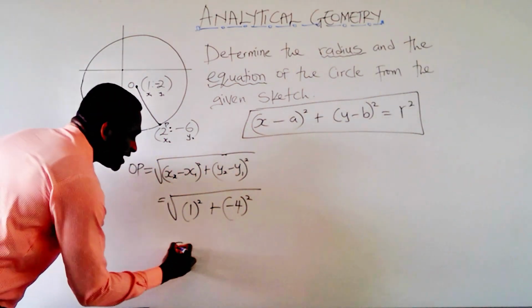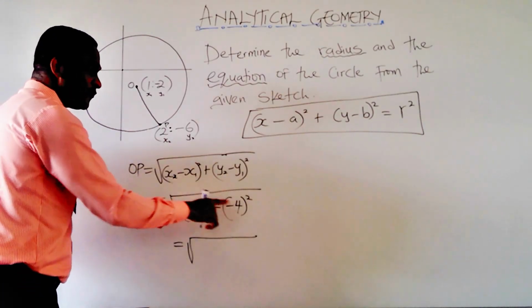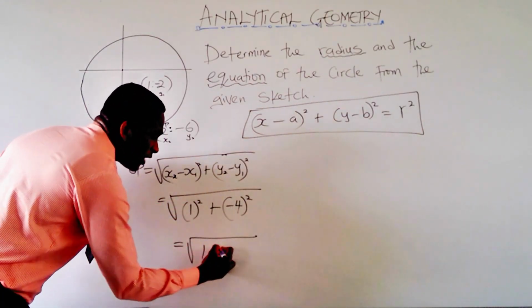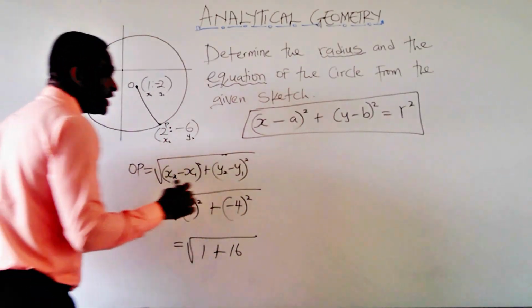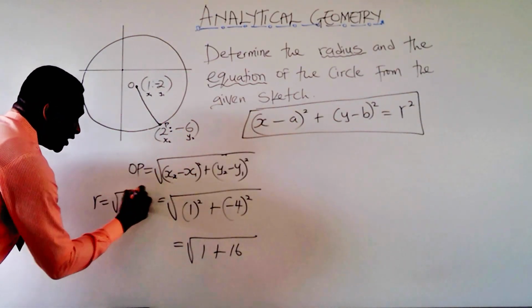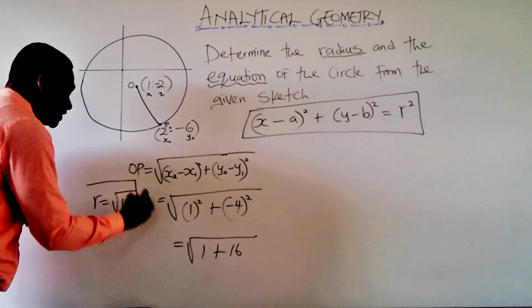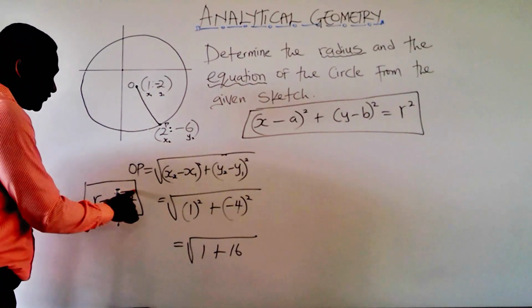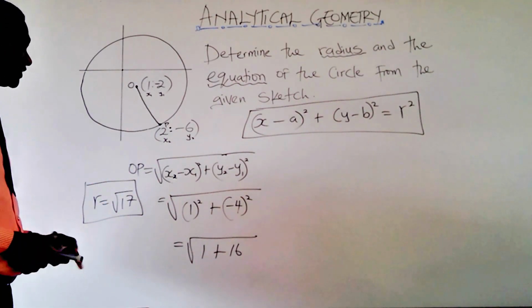So here, if we check, 1 all squared is 1, 4 all squared is 16. So we have 1 plus 16. So the radius for this shape will be root of 17. The radius for this circle is root of 17.